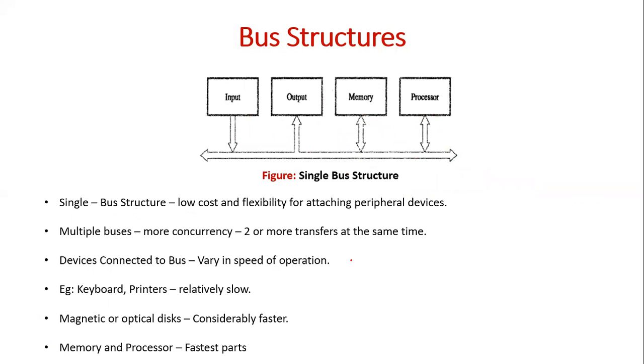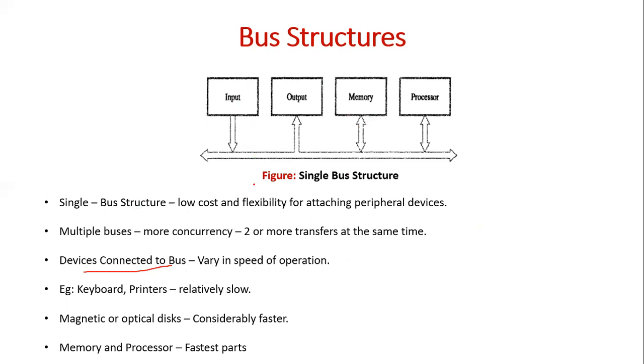Now here there is another challenge. The devices that are connected to the bus vary in speed. The speed of all these devices is not the same. Different devices operate at different speeds. So how could we overcome this problem? Why is it a problem in the first place?